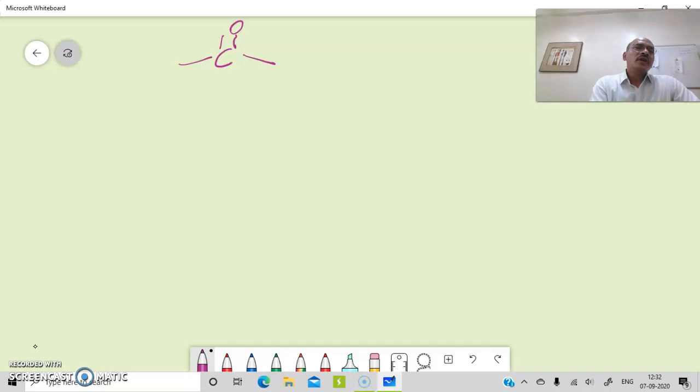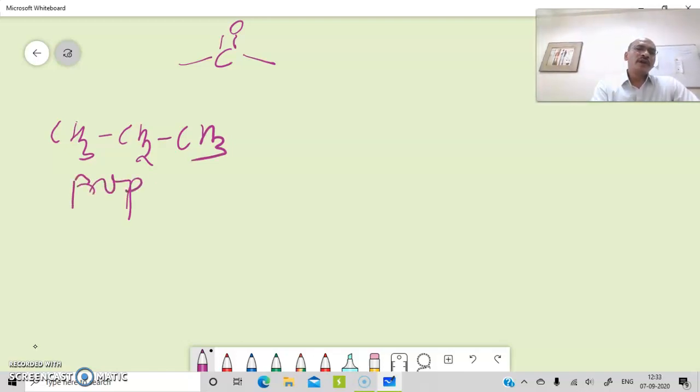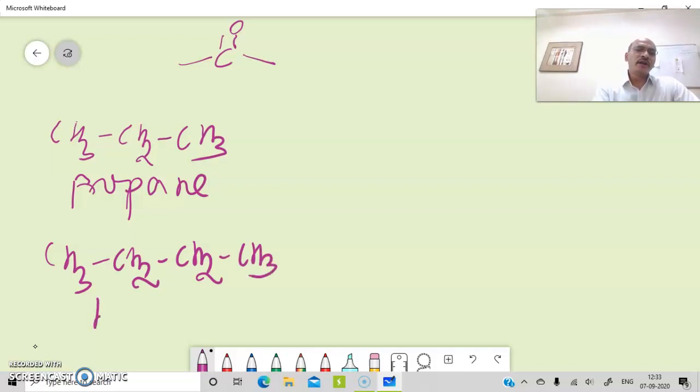So here one alkane I am writing: CH3, CH2, CH3. If you remember, it is called propane. Another molecule I am writing is CH3, CH2, CH2, CH3. If you remember, it is the fourth alkane. Its name is butane.